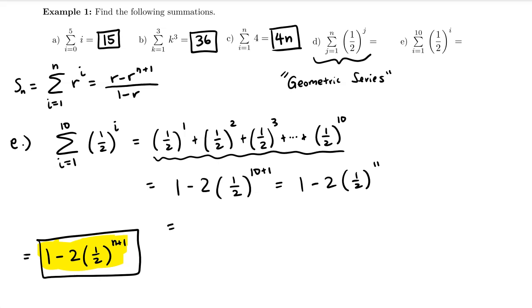And if I exponentiated 1/2 and combined that all into a single fraction, this would equal 1023 over 1024, which is approximately 0.99902. So that completes this example.